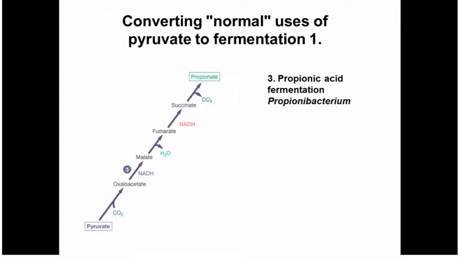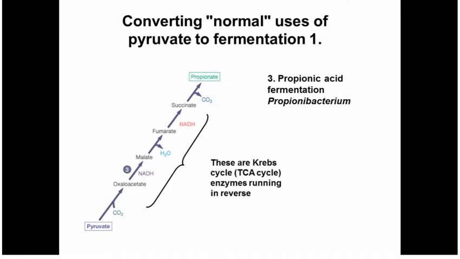So this looks complicated. Why are they doing this in such a complicated way? Lactic acid fermentation, you just need to have 1 extra enzyme. But here, they're using 1, 2, 3, 4, like 5 enzymes. Why are they wasting their time like this? Well, in fact, all of these enzymes are already part of the Krebs cycle, except they can work the other way around. So that means they're not adding 5 enzymes.